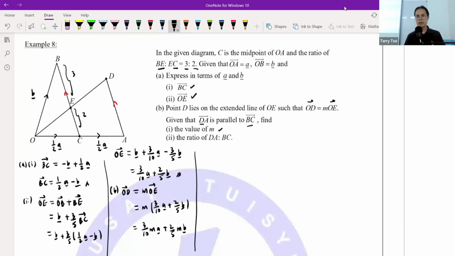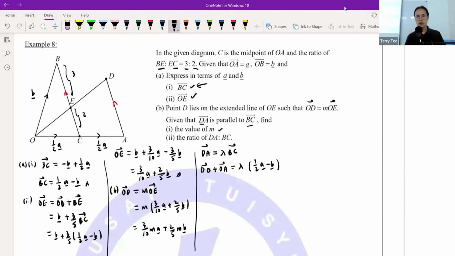Now, we need to use this result because why? They say DA is parallel to BC. I already know BC. I just have to find DA, right? So up to you. You can do one shot. DA equals lambda BC. DA is D to O plus O to A. Your BC we know from the earlier part, half a minus b.